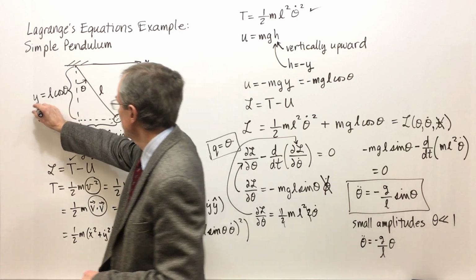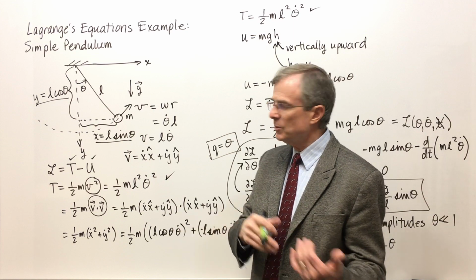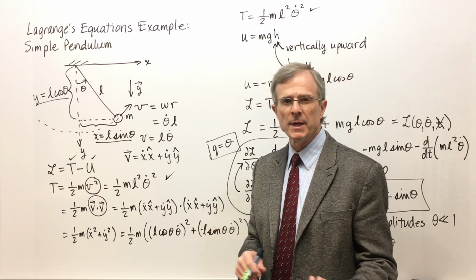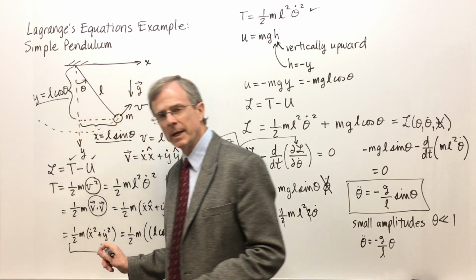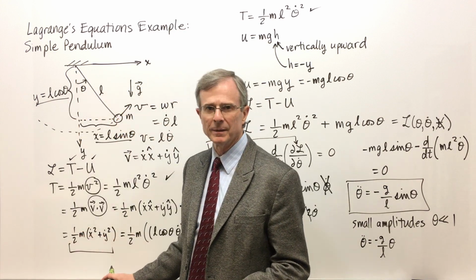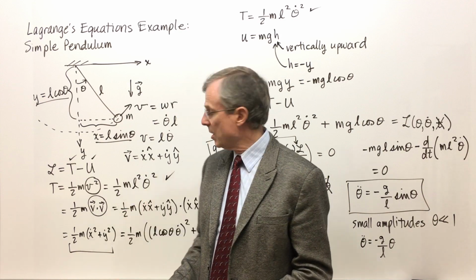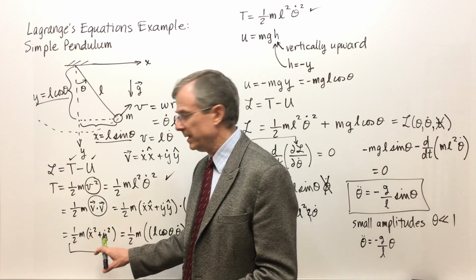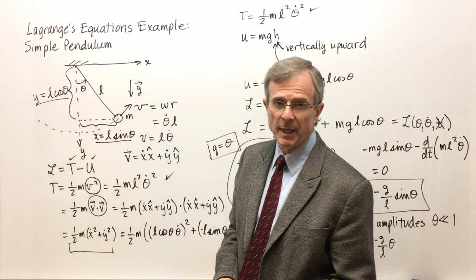That's what these two relationships are here, where we've expressed x and y in terms of the generalized coordinate, and then starting from here to find the kinetic energy. You know this is right. It's in Cartesian coordinates. It's as sure as the day is long that that's going to be right. Take the derivatives of these two guys, plug them in, and find out what the kinetic energy is.